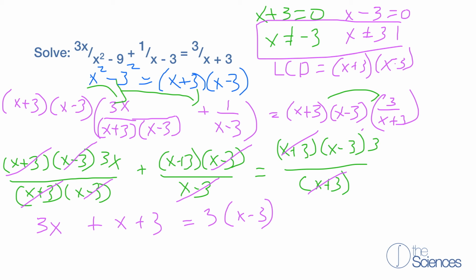So now what we have is 3x plus x is 4x plus 3 equals, we're going to distribute that to each term, 3x minus 9. So now we're going to subtract 3x from both sides.